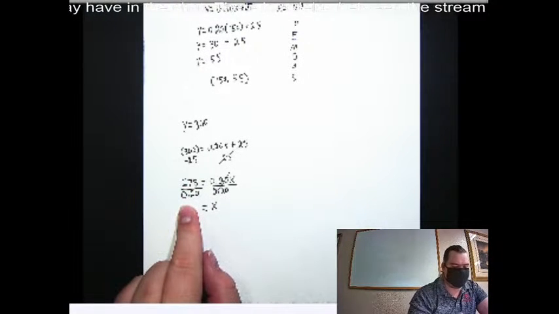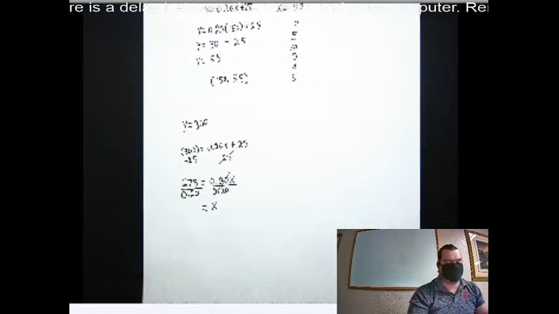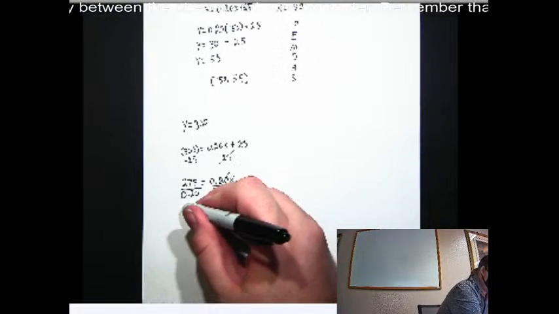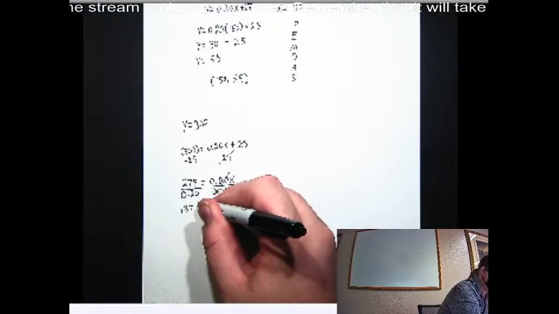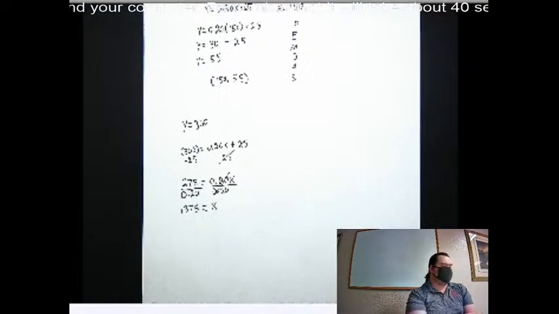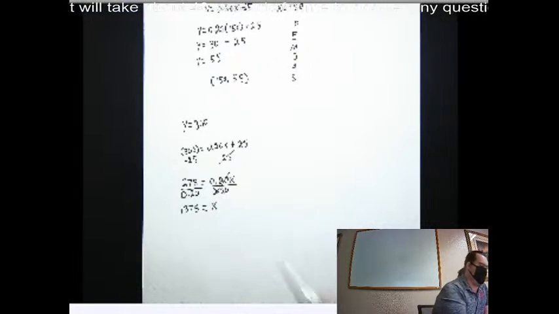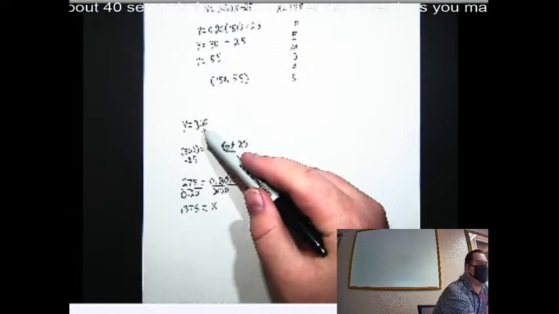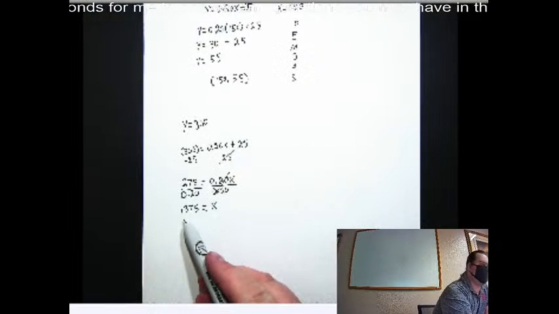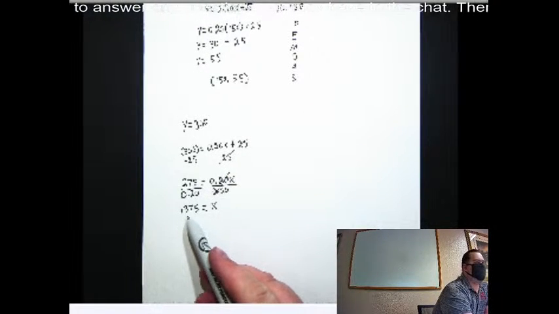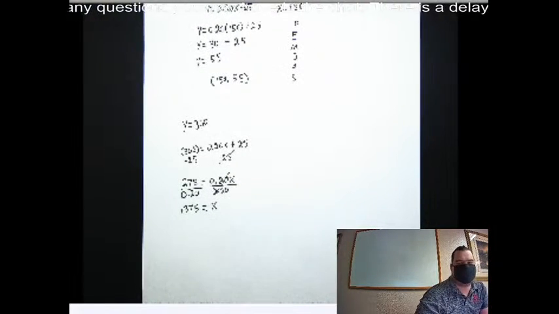So 275 divided by 0.2 is 1,375. So that means that if we have to pay a bill of $300, then we would have had to talk for 1,375 minutes.